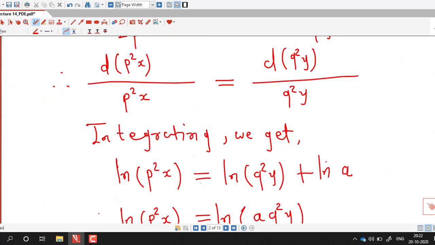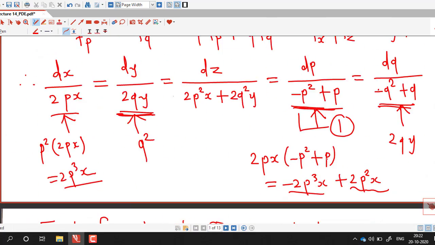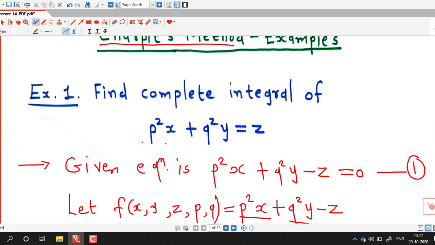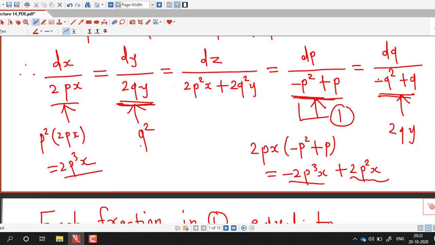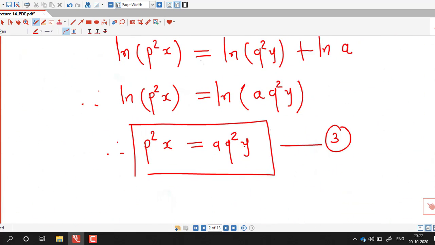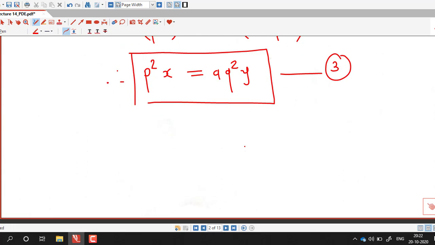Now if you observe equation number 1, here we have p square into x. So we will put p square into x equal to a into q square into y, and let's see what happens.